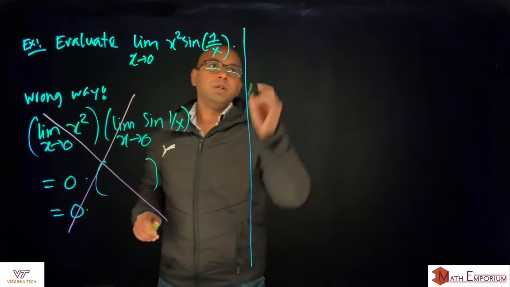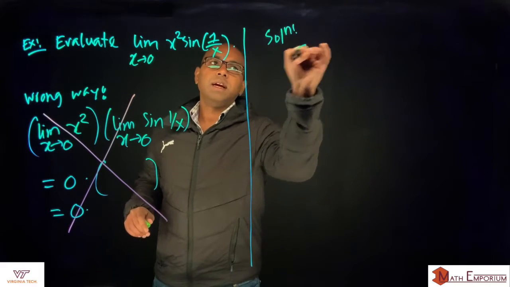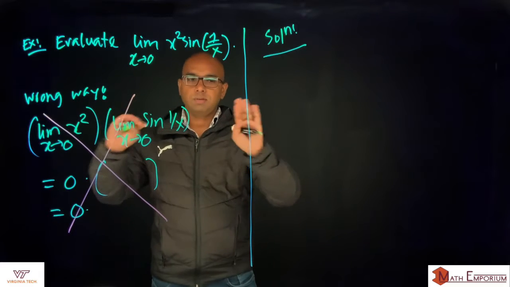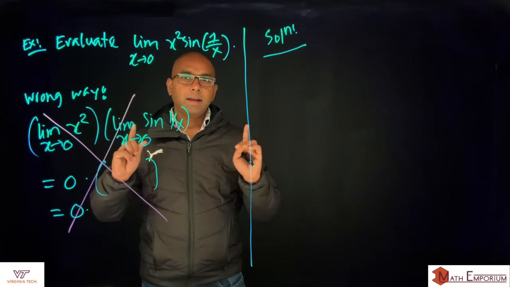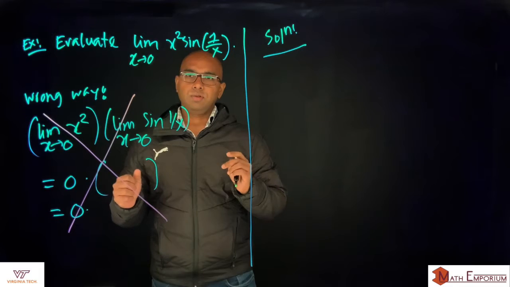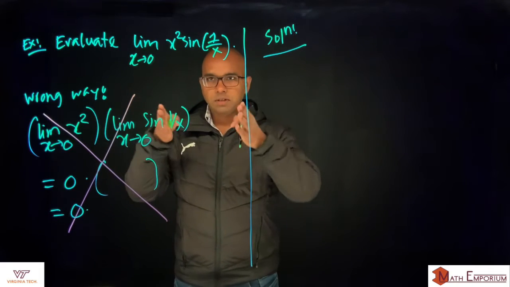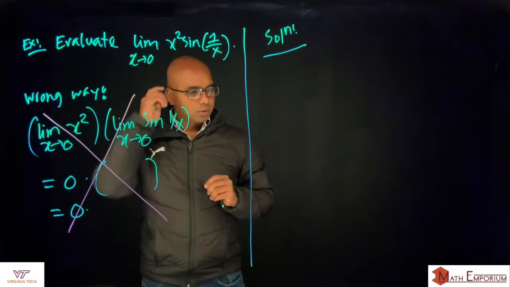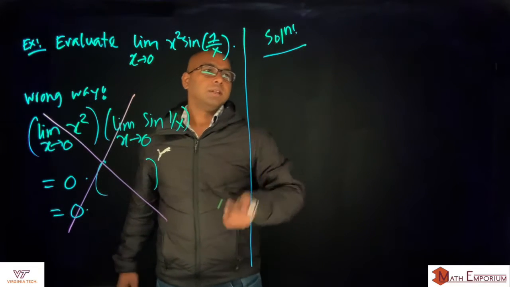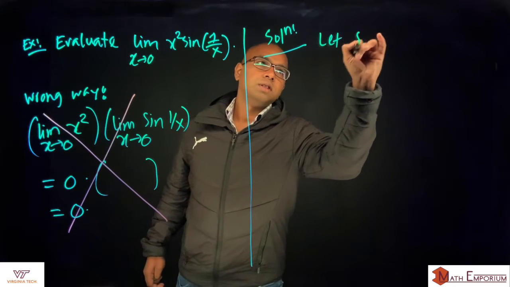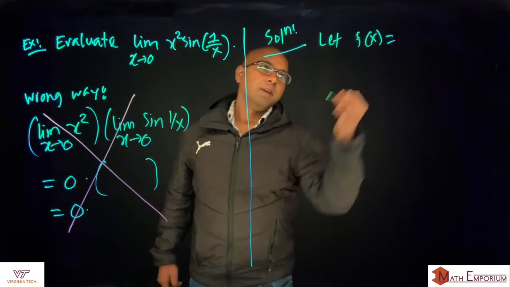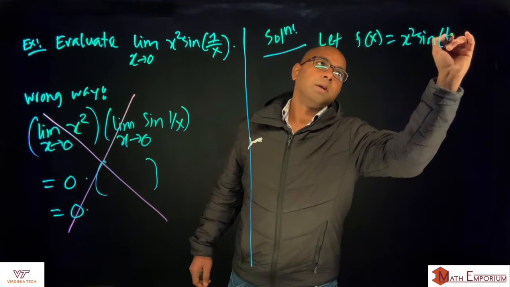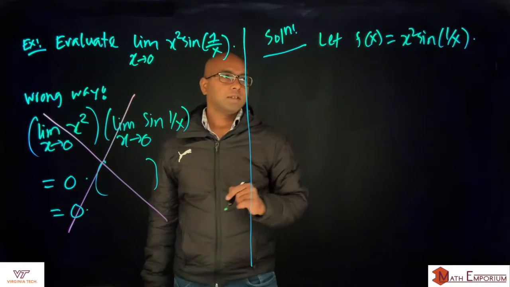That's why we need to go to the squeeze theorem. So how to solve this? As you have noticed from the squeeze theorem, you need to trap this function between two other functions. We need to build those two functions that capture this function x squared sine 1 over x in between. So how do we get there? Let's call this function f of x equals x squared times sine 1 over x.